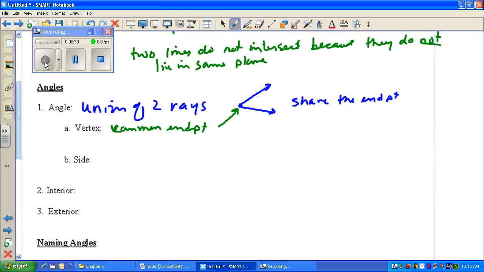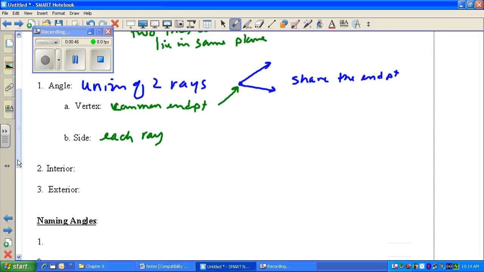And the side is each ray. The interior of the angle is the inside, while the exterior is the outside. And so what's going on here, we have three disjoint sets.